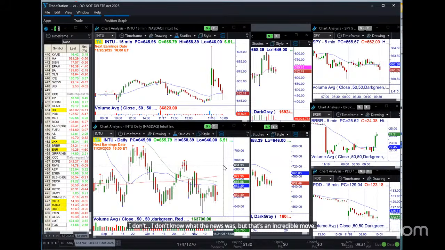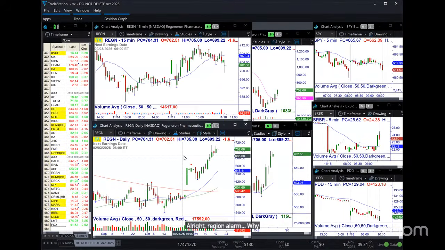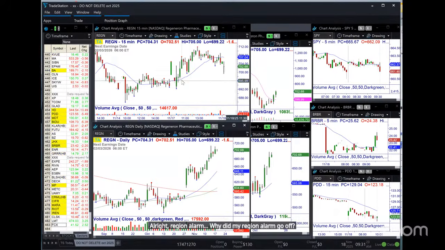All right, region alarm. Why did my region alarm go off? We still have a third of this. It looks great. We're in trail mode. I must have had an early alarm. I'll just reset. Qs, spiders, diamonds breaking down here from the 5-minute pre-market consolidation.